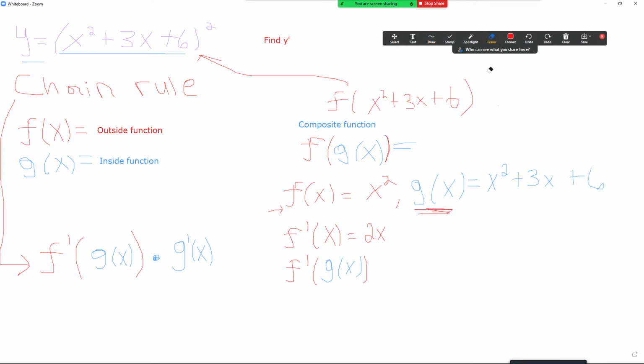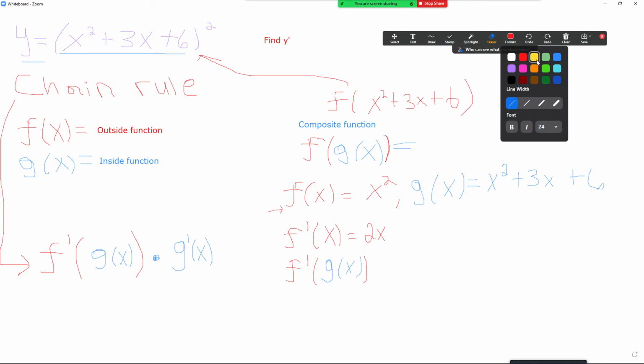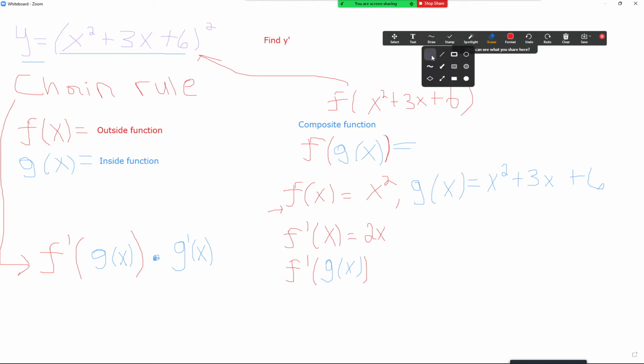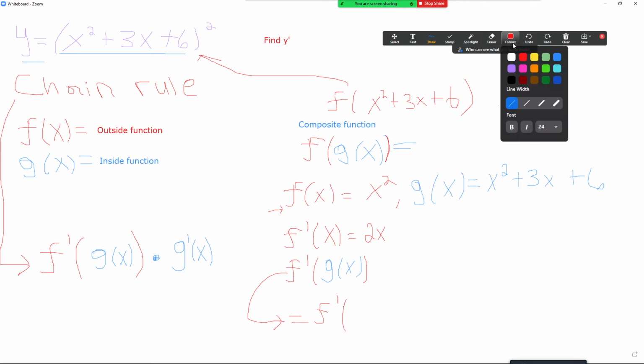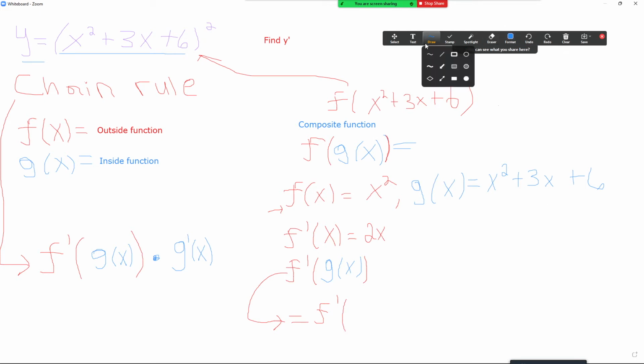So f prime of g of x is equal to, well, we have that g of x is x squared plus 3x plus 6.